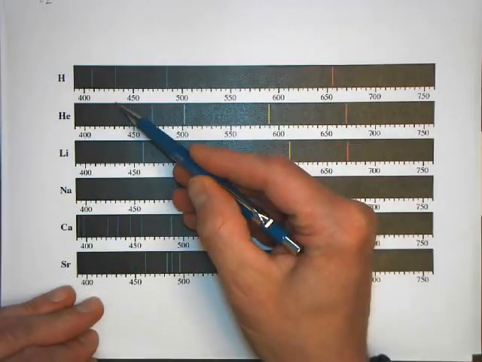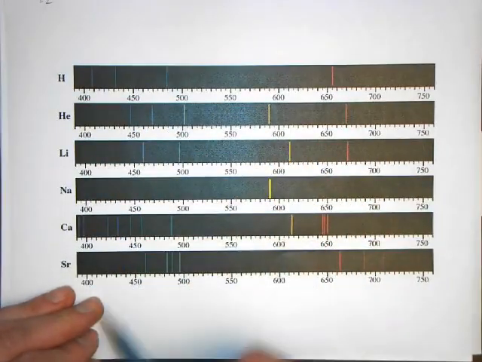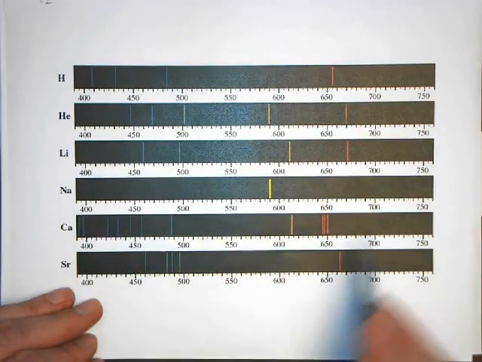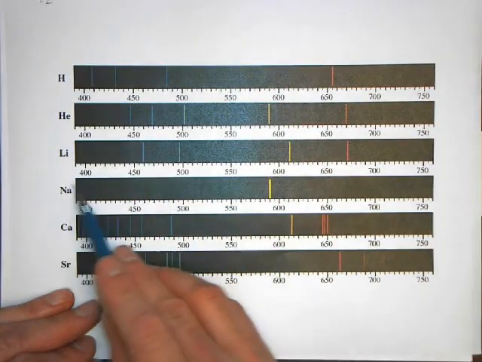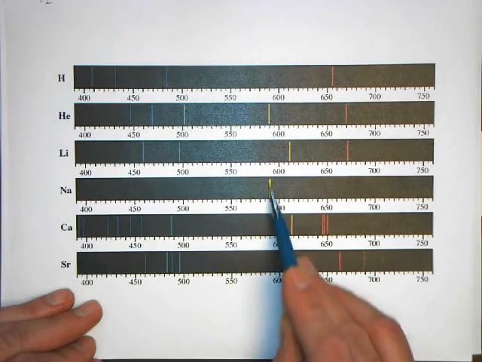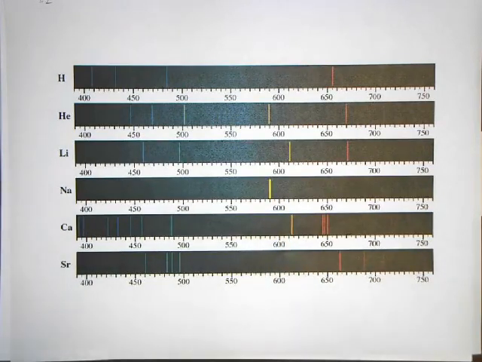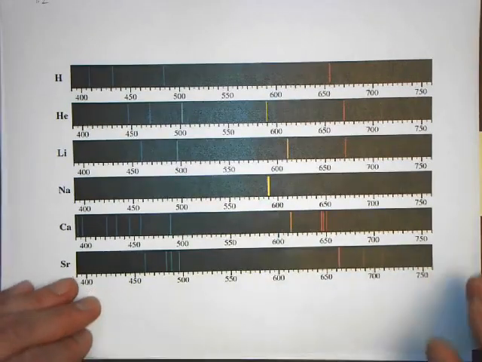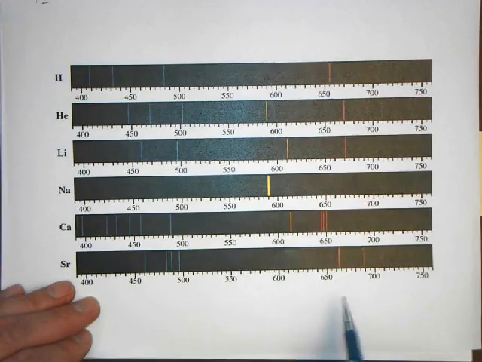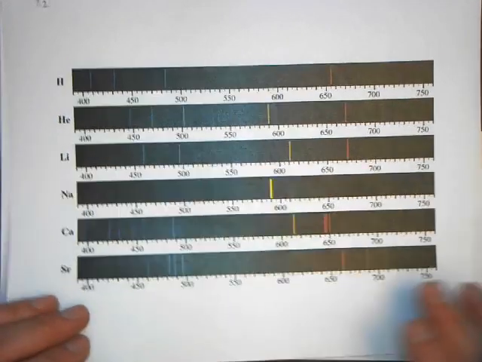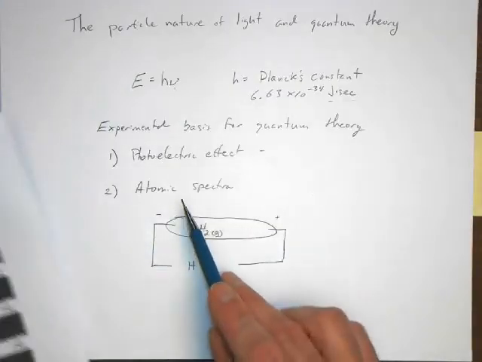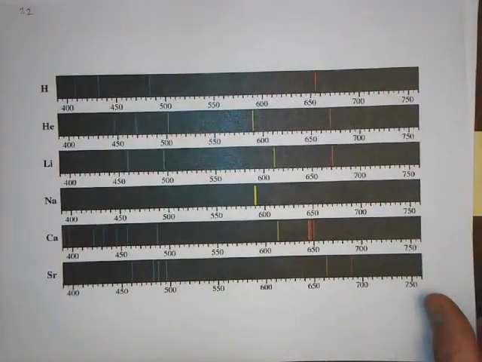If you do this for different atoms, you get different lines. For example, if you do it for sodium, you get a very yellow line. This is what people used, and sometimes still do, for streetlights: sodium lamps. You get a yellow light that comes out of it. These are called atomic spectra.